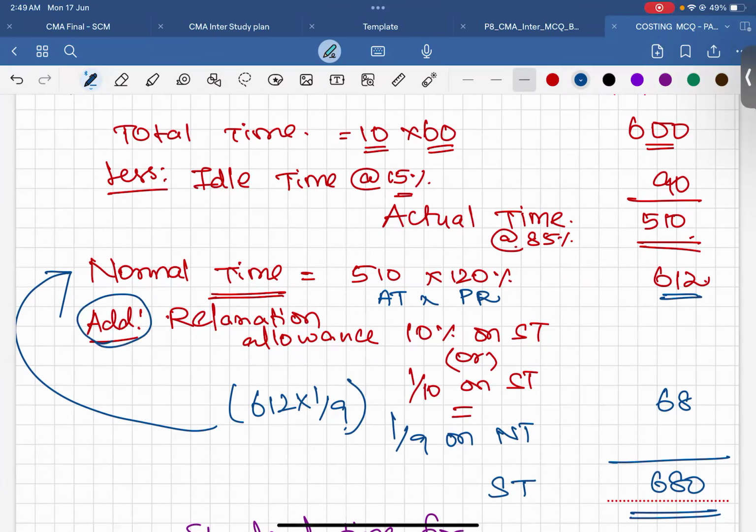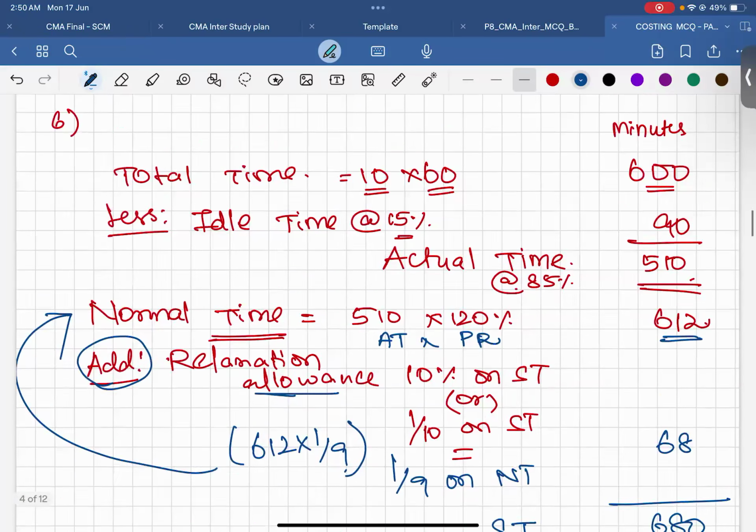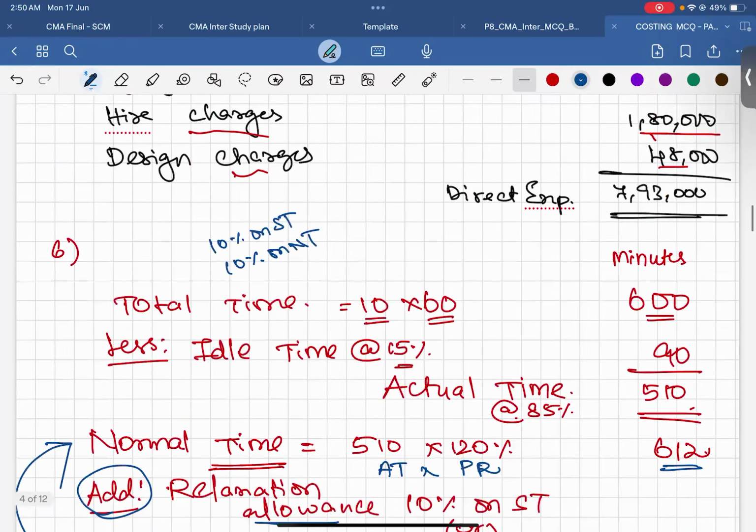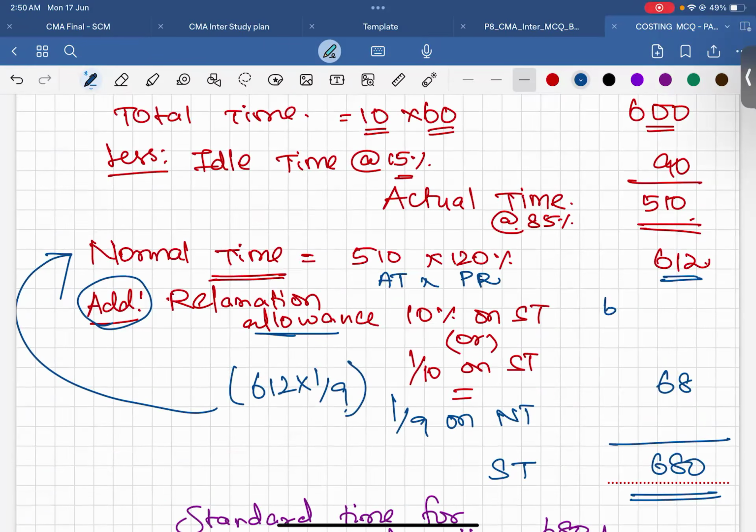On that you need to add relaxation allowance. The main point is they say 10% on standard time. They may try to confuse you by giving 10% on normal time. You may simply do 10% on normal time, directly you can do 61.2, right? 61.2.